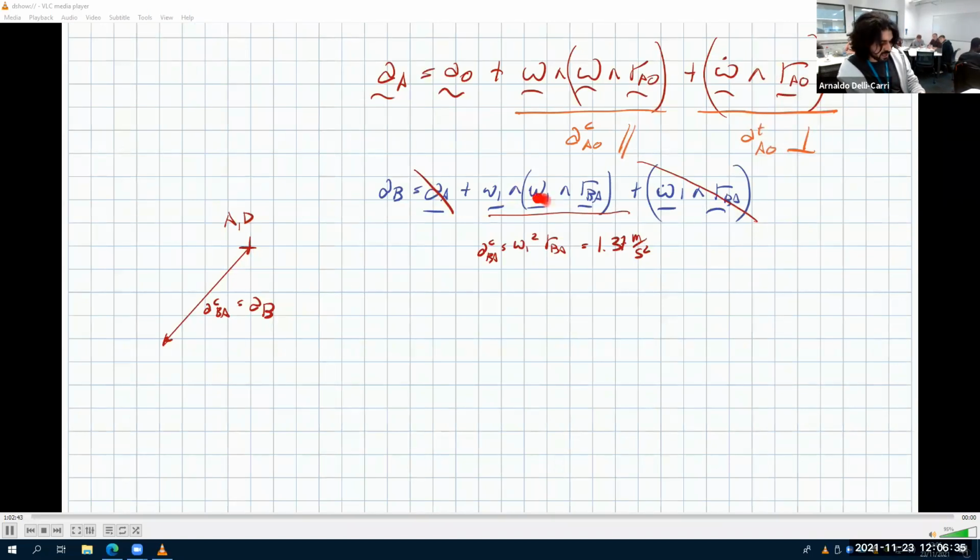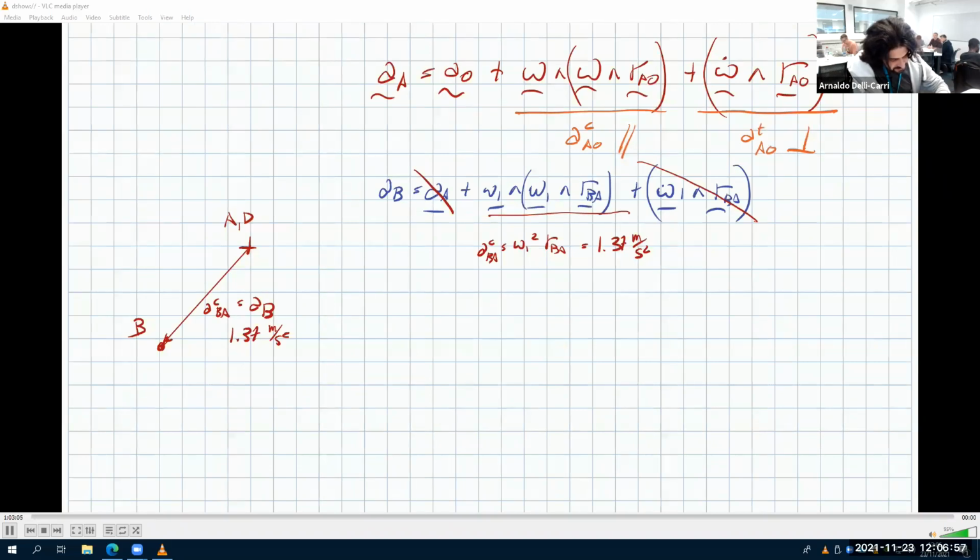So this is point B, equal to 1.37 meters per second squared.